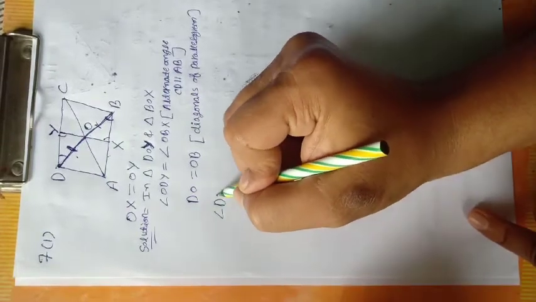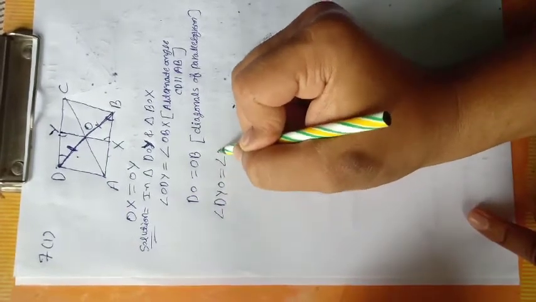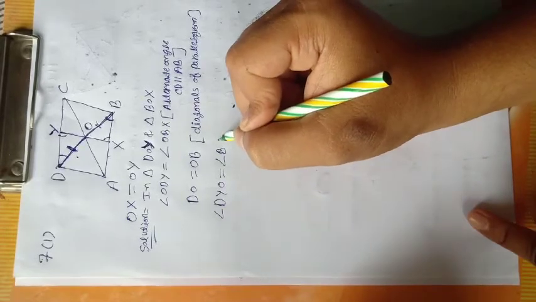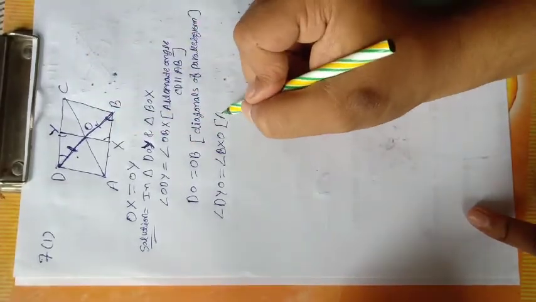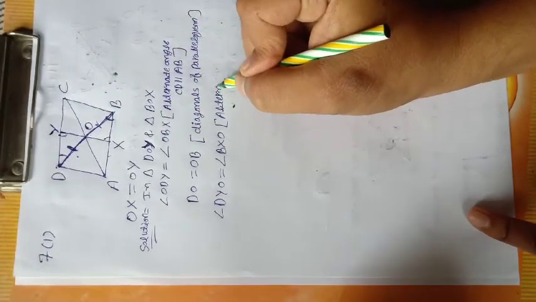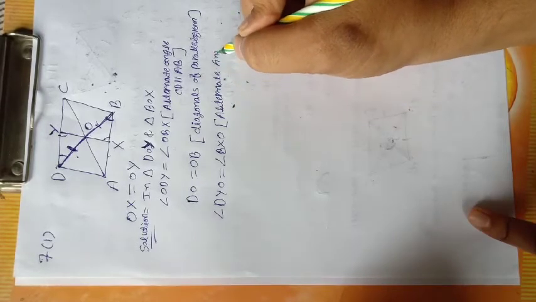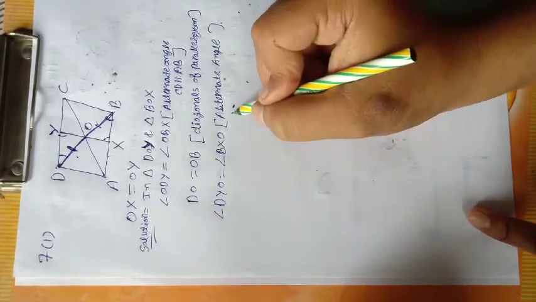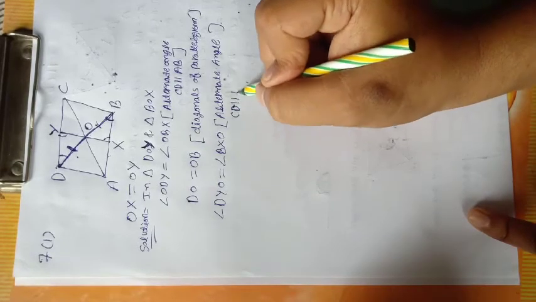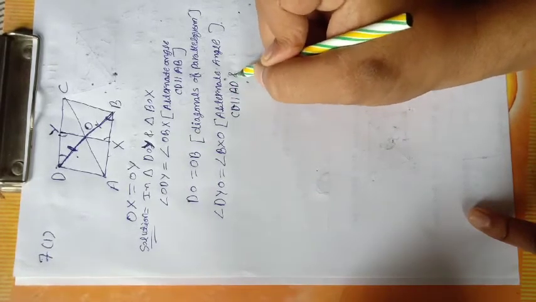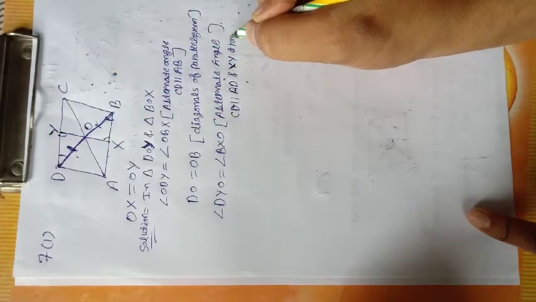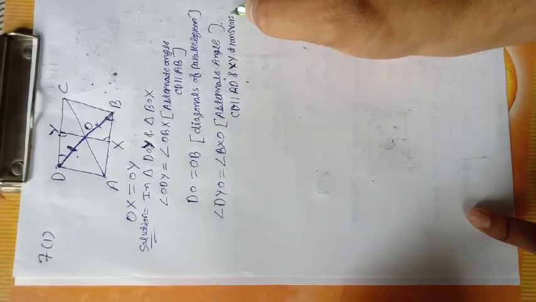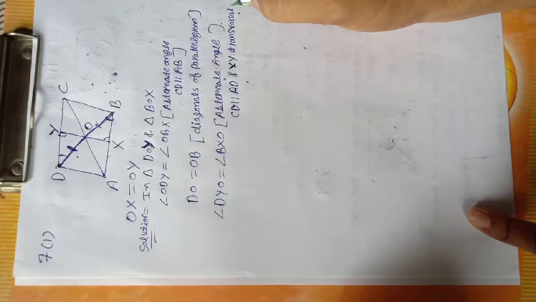Angle DYO equals angle BXO. तो ये भी कौन सा है, अल्टरनेट एंगल, alternate angle. Why? Because CD is parallel to AB and XY is a transversal line.